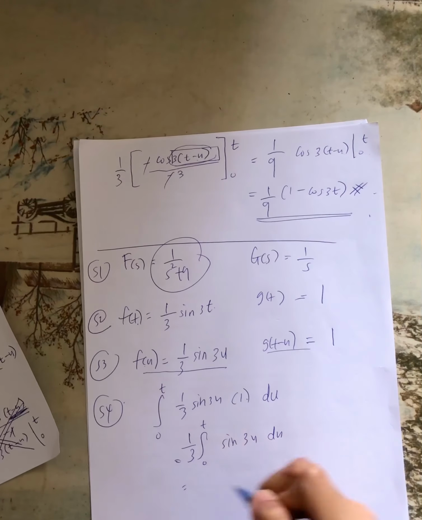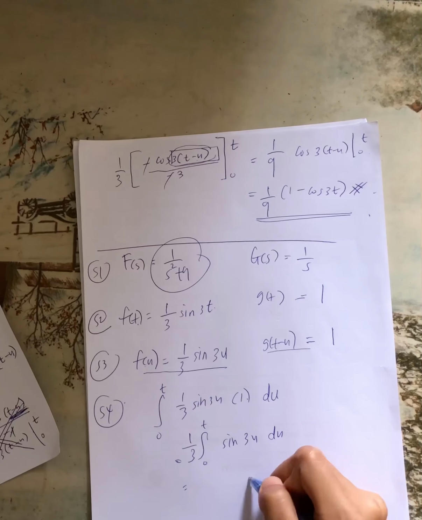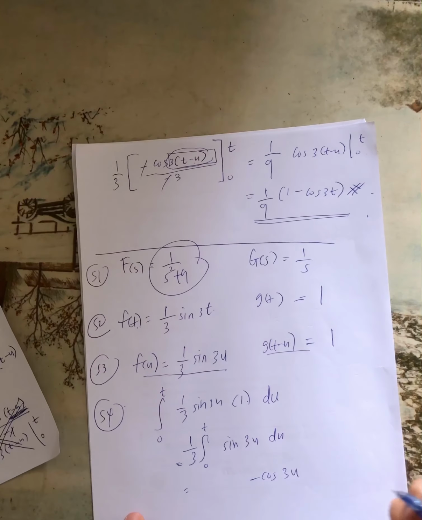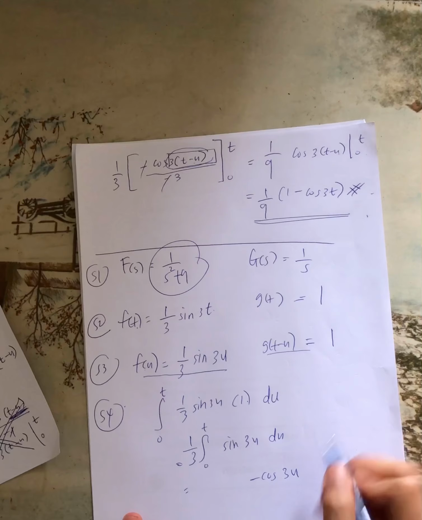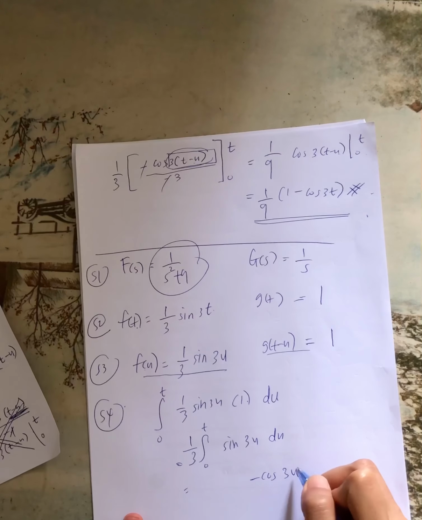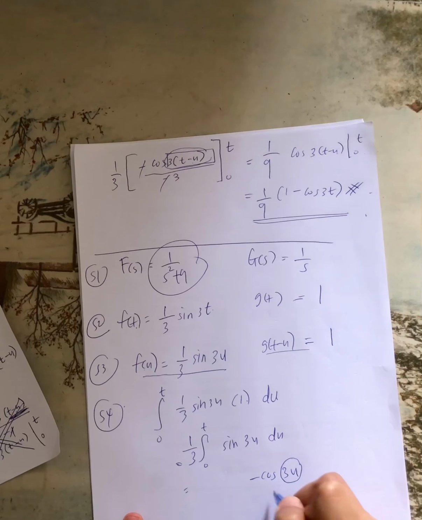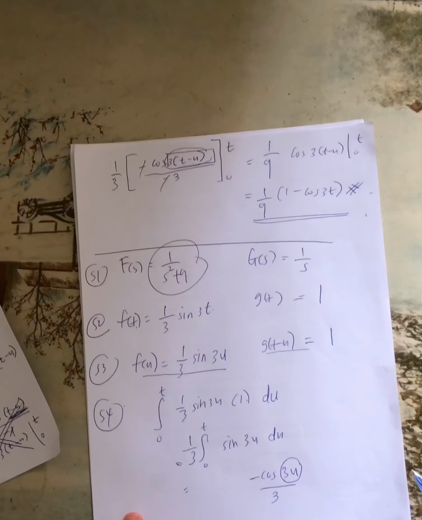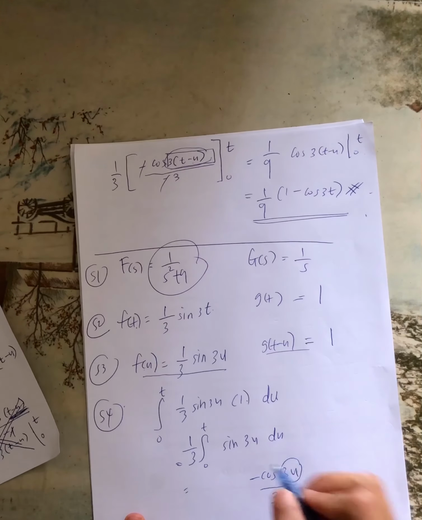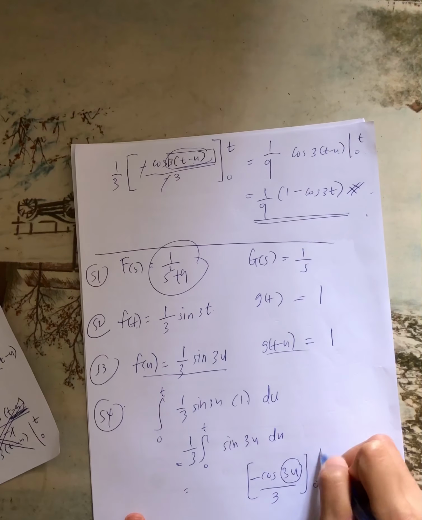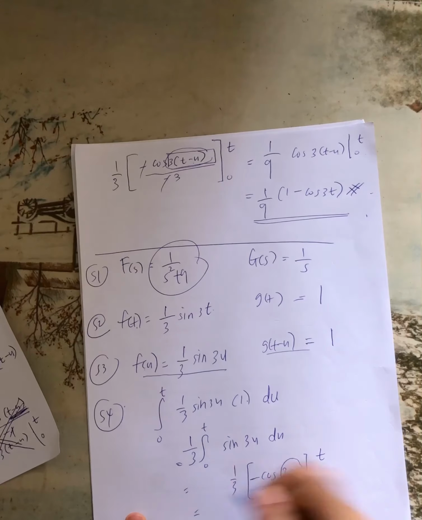So integrate sine 3u, you will get negative cos 3u. Is there anything that you need to differentiate? Yes, you need to differentiate this one, so it becomes 3. And then 0 to t here, 1 over 3 here. So you will have negative 1 over 9 cos 3u.